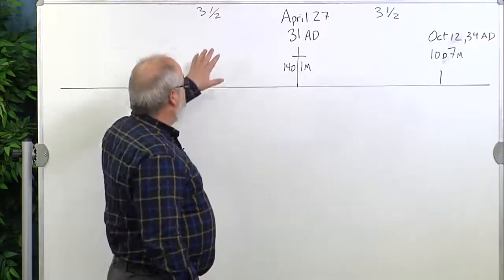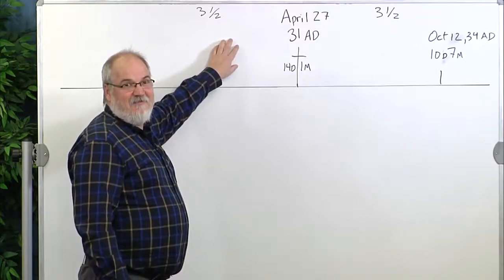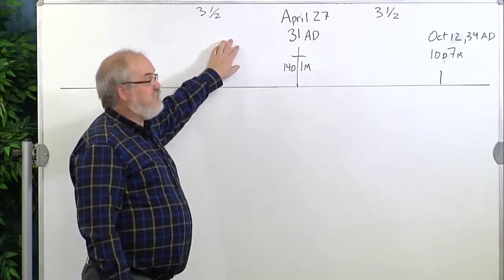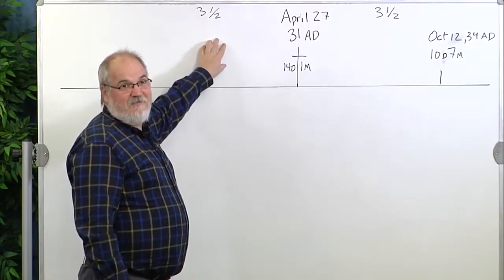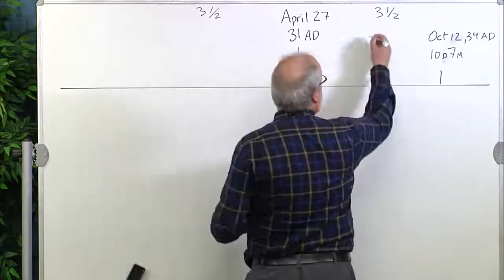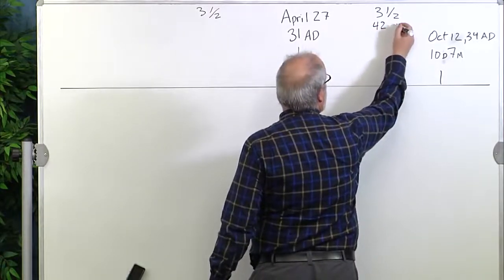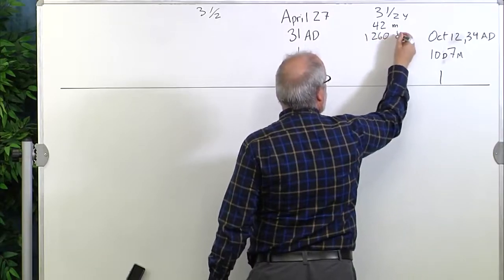So we know that 3.5 years is how many days? 1260. It's also how many months? 42, right? So this could be 3.5 years, 42 months, or 1260 days.